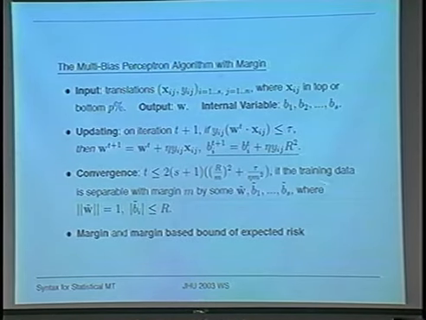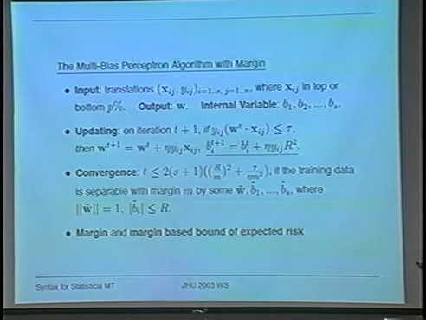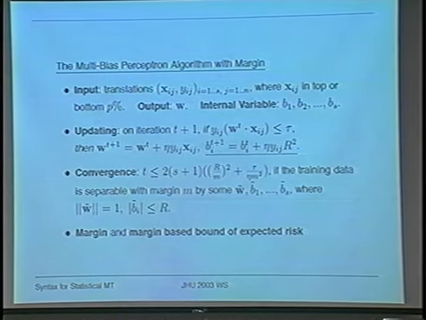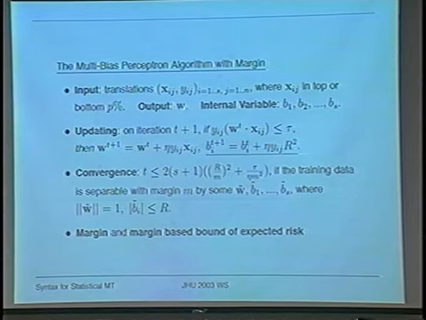To see some detail of the algorithm, the input is the translations T of Ij. I is the ID of the sentence. We have S Chinese sentences. And Y of Ij is positive 1 or negative 1. The output is W, the weight vector of the hyperplane.